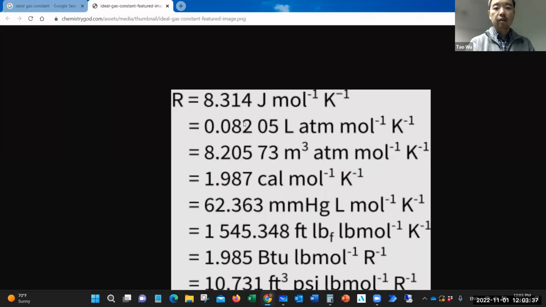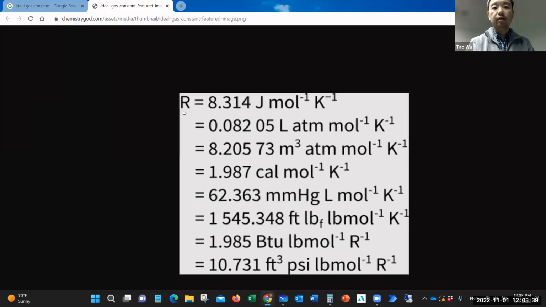You see, those are all R: 8.314, 0.08205. Those are all the ideal gas constant.